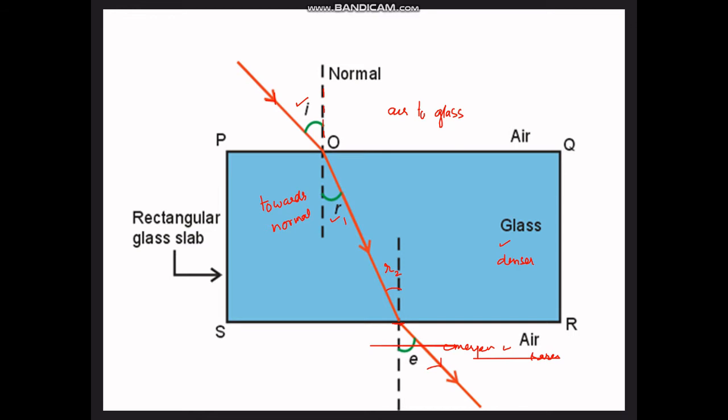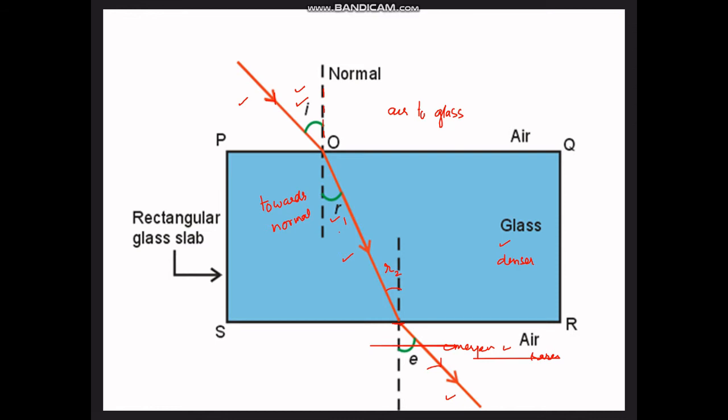Now here we have the incident ray, refracted ray, and then finally when the light comes back in the same medium, this is the emergent ray. This I is the angle of incidence. Here you have angles R1 and R2, which are angles of refraction, and here it is the angle of emergence.